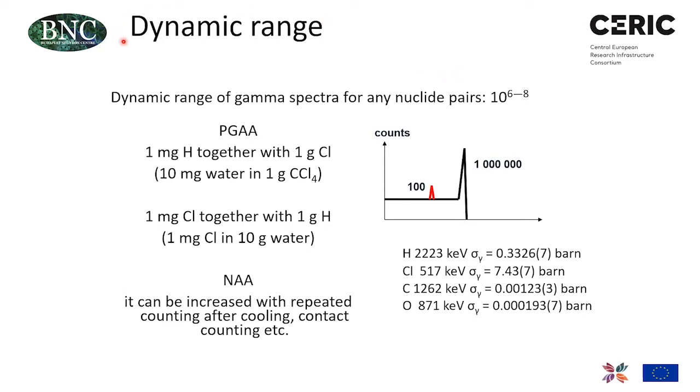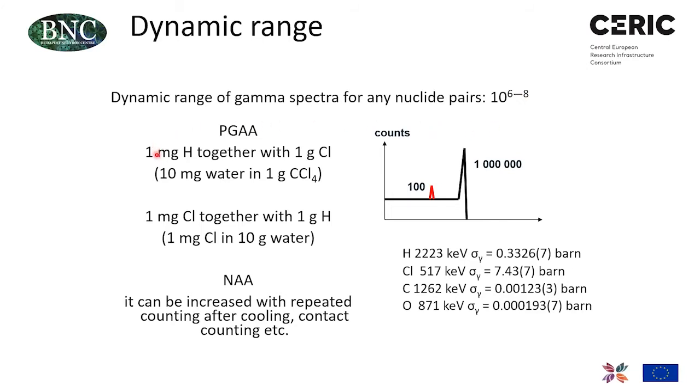We also need to consider the dynamic range, which is in correspondence with the detection limit. So if we can detect one material in another, then we can do the other way around, and this makes the dynamic range. So mass spectrometric methods are known to have the broadest dynamic range, but this gamma spectroscopic method has something like 10 to the 6, 10 to the 8, but usually it is not symmetric.